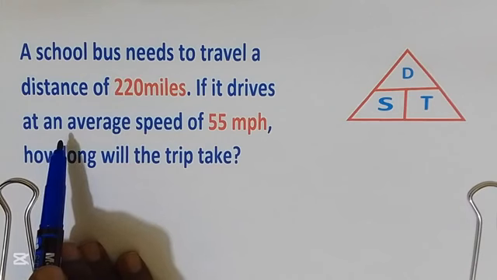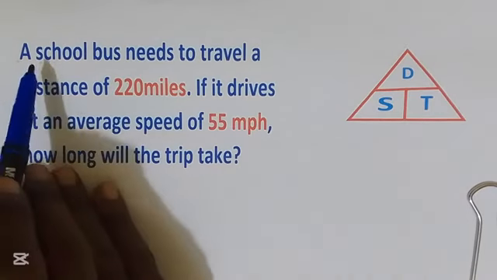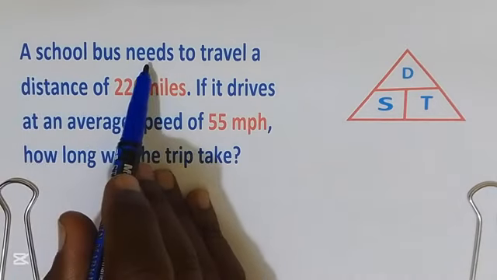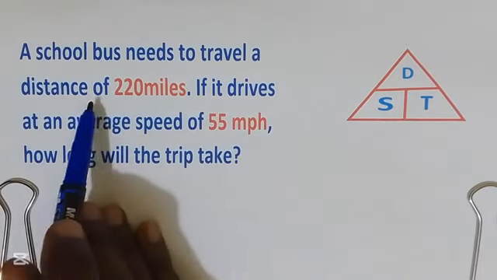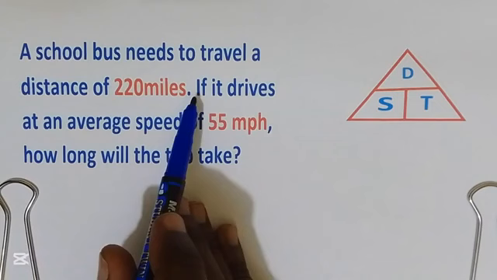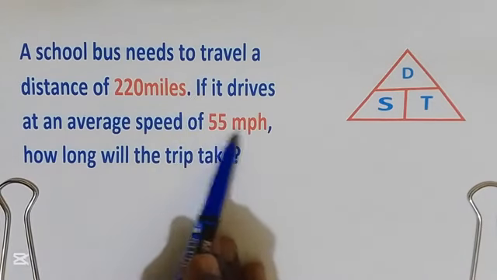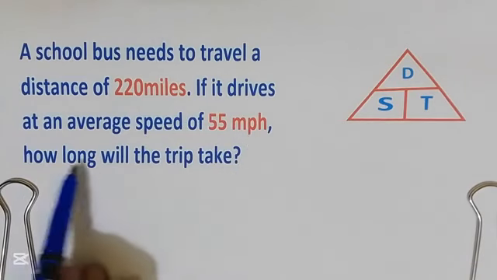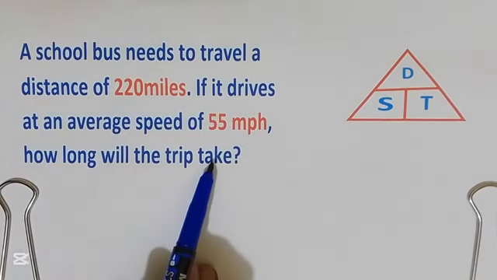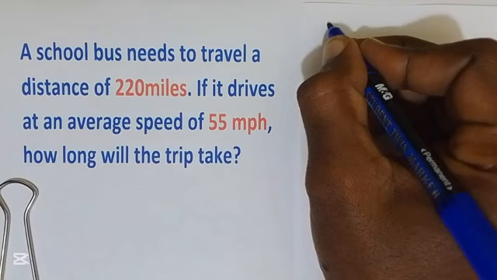Let us do question number 2. It says, a school bus needs to travel a distance of 220 miles if it drives at an average speed of 55 miles per hour. How long will the trip take? Let us write our givens.